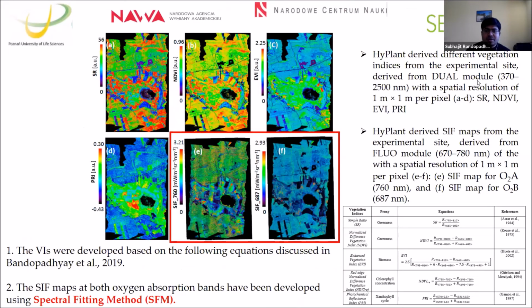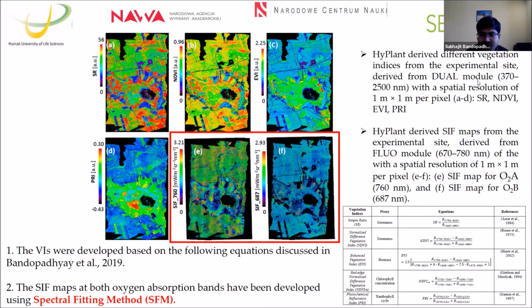Yeah, so I have not gone into the more detailed processing of the data set, but it is the final product that you can see here, where I have calculated all the vegetation indices from simple ratio to NDVI, EVI, PRI.